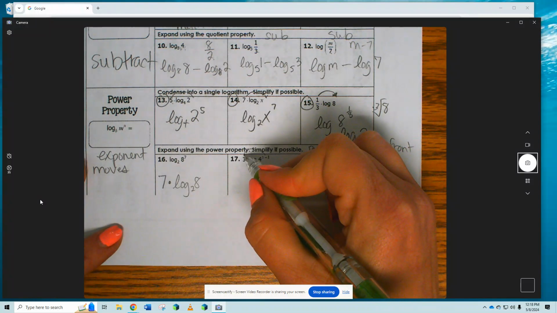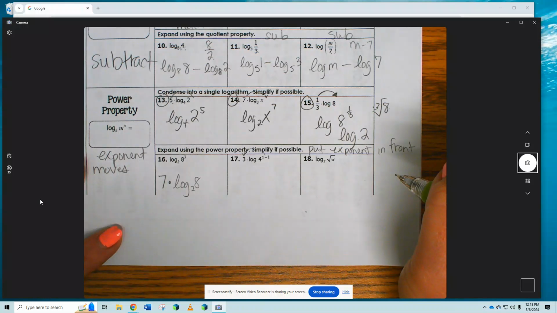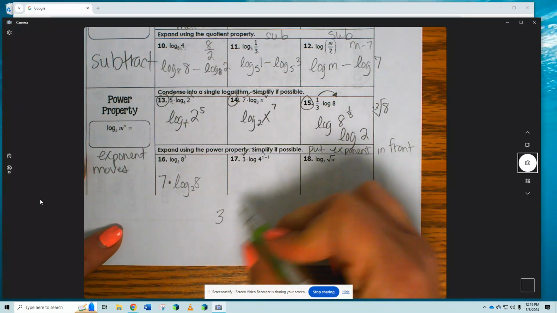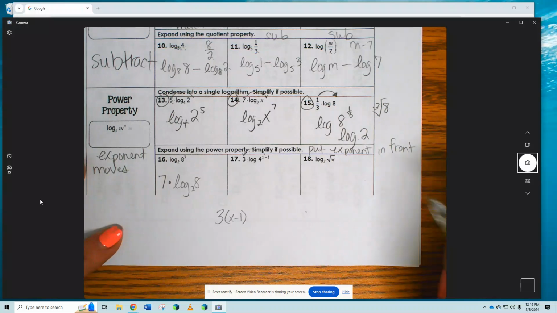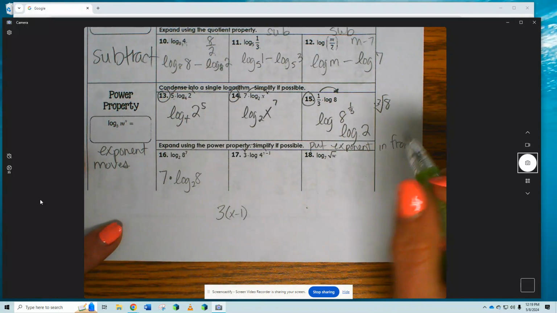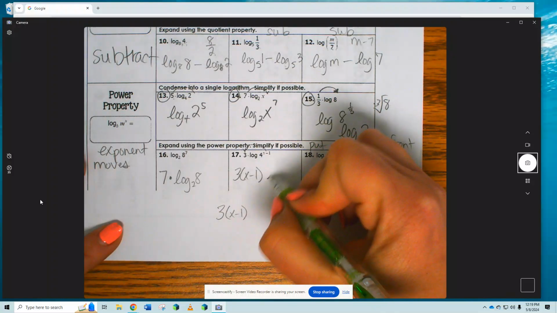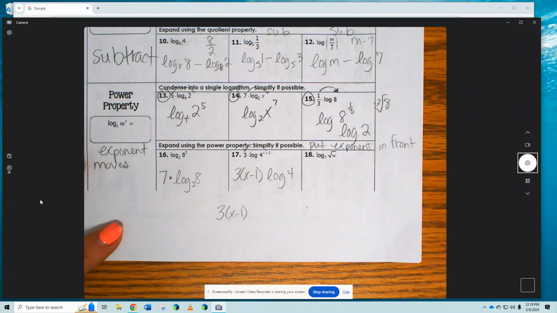X minus 1 moves to the front with the 3. Ooh. That would be negative 3. No. Can you just make 3 with x minus 1 like that? Oh, you could even write 3x minus 3. But in front must be a 3 and an x minus 1. Log 4. And you're done.